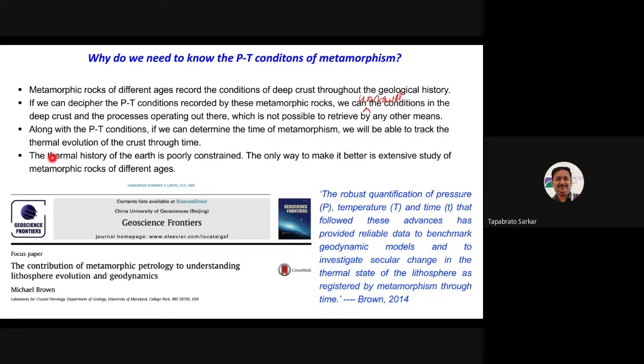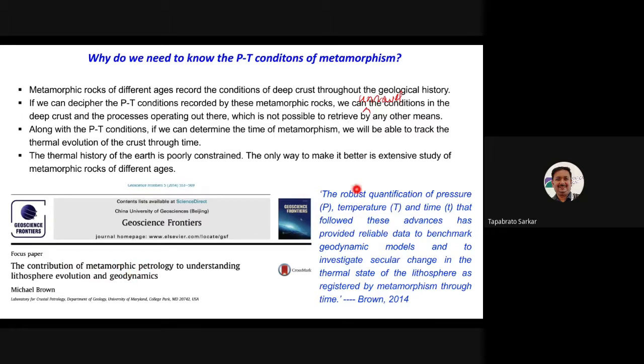So the thermal history of the Earth is poorly constrained. The only way to make it better is extensive study of metamorphic rocks of different ages. You can see some recent very good review papers on the contribution of metamorphic petrology to understanding lithosphere evolution and geodynamics.